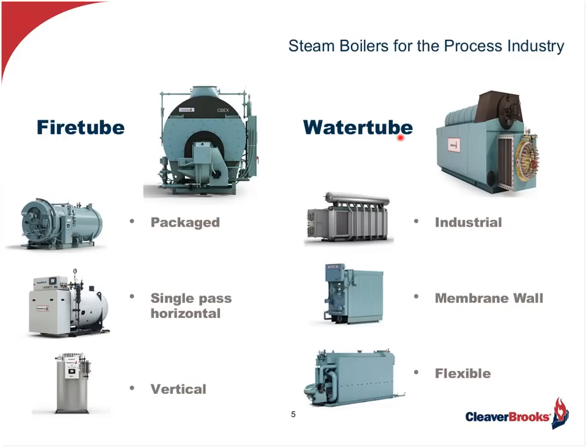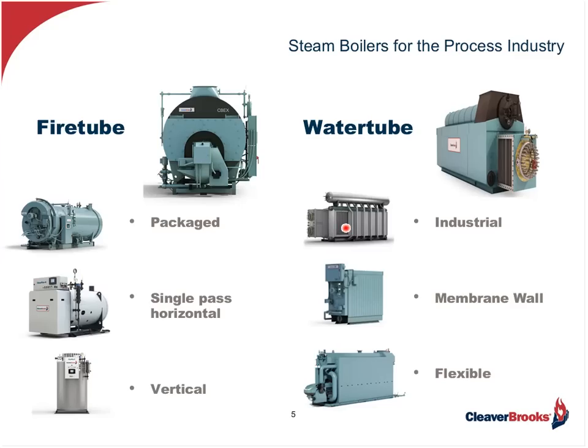Then we move into the water tube area, and that also breaks down into various subgroups. We have a package shown right here. That's about 300,000 pounds of steam per hour that can be shipped on a rail car or a truck, many tires on that truck, and it's a big one, but they can be shipped as a package. We also have modular type industrial water tube boilers that come in pieces with your drums, your headers, your manifolds, the pressure vessel itself, and the burner.